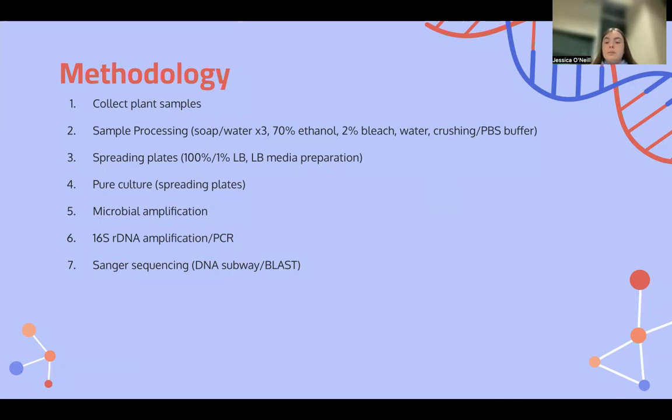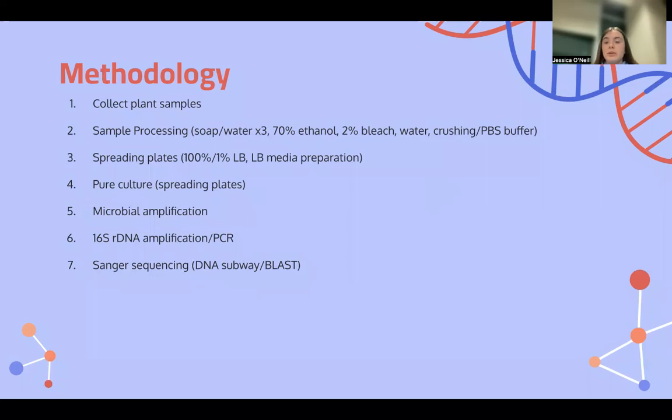To process the sample, we first used soap and water to wash the plant 3 times over. Then we made 70% ethanol and 2% bleach to wash the plant in. This was to kill off any microbes in the phyllosphere of the plant, since we were only interested in those endophytes within the plant.